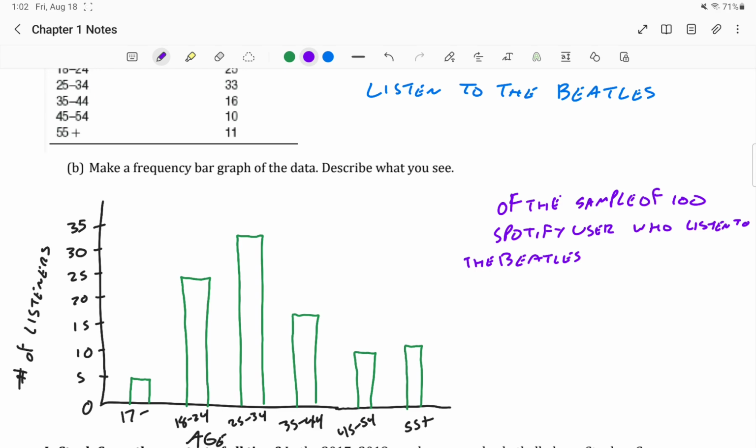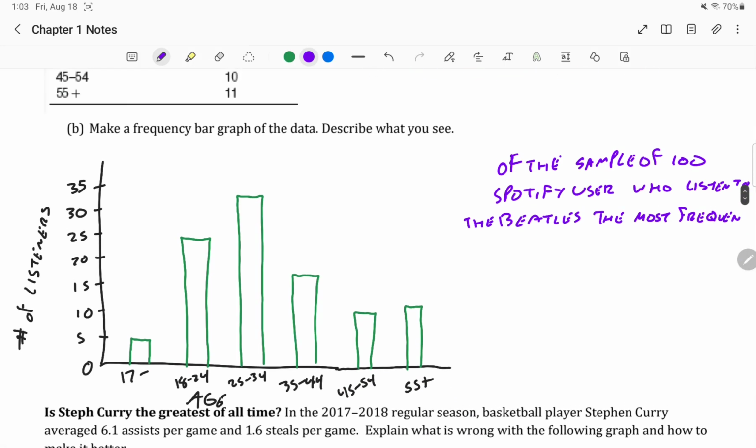Okay, and just call out the most basics of things. What's my biggest group? The 25 to 34 group. So of the sample of 100 Spotify listeners, the most frequent ages are 25 to 34.